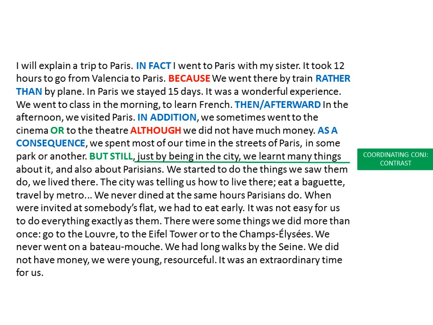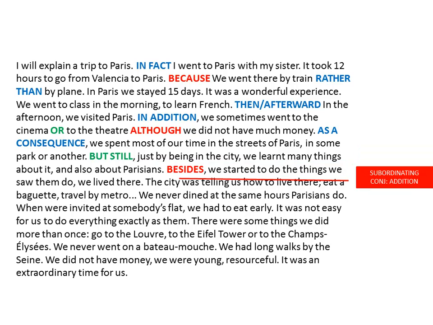Just by being in the city, we learned many things about it and about Parisians. Now we add another sentence, but by means of subordination. We do not link it at the same level as the previous one, but as a subordinated clause to the other, a dependent clause to the other one.